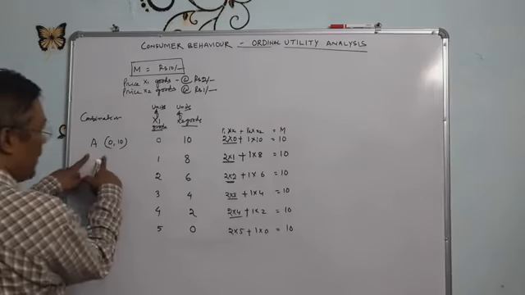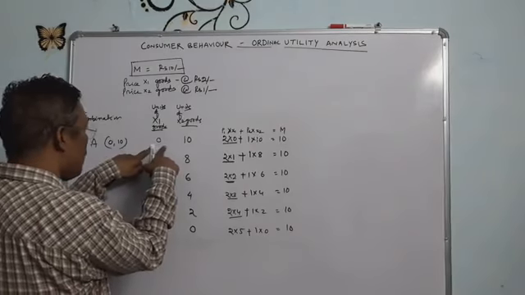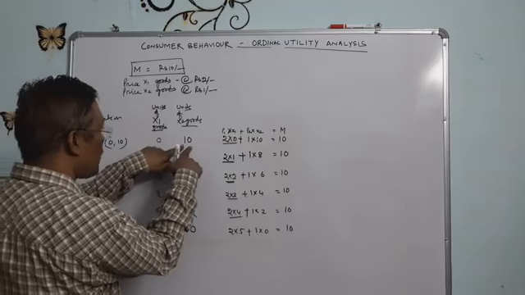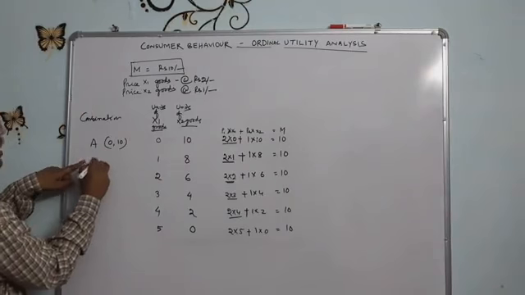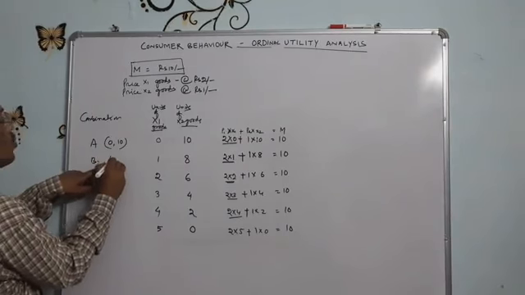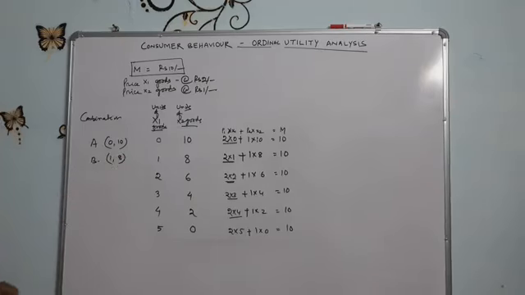So A is the combination when you purchase 0 units of x1 and 10 units of good x2, that is the 0, 10 bundle. B is the combination if you purchase 1 unit of x1 and 8 units of x2.